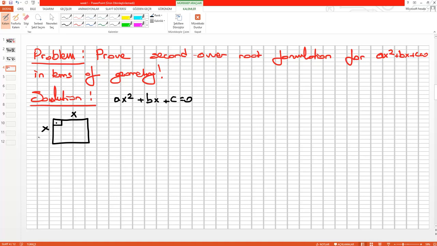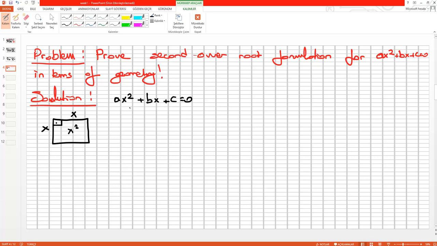If we have two roots, we have the area here. If we have three roots, then we will have a volume. Okay, we can write it. And so what's the area of this term? x square, right? This is the x square.